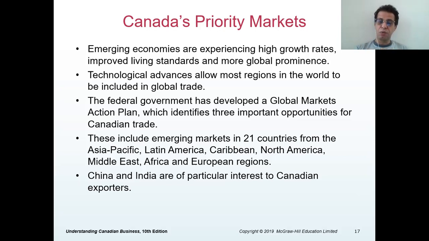These include emerging markets of 21 countries that they looked at in Asia Pacific, Latin America and Caribbean, North America, Middle East, Africa, and Europe. But the most favorite is China and India, which are of particular interest to the Canadian exporter because of the huge market, population, and ability to purchase.